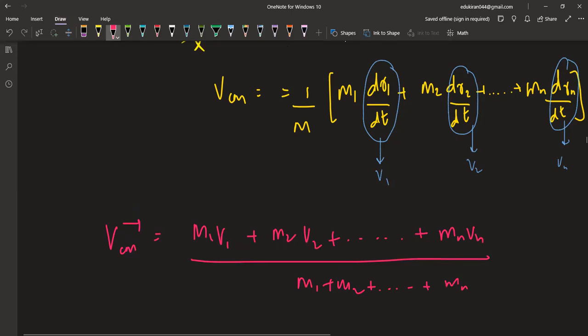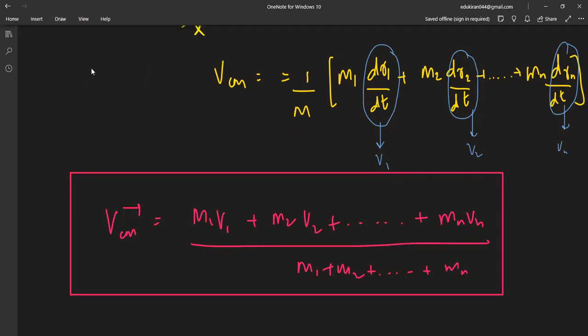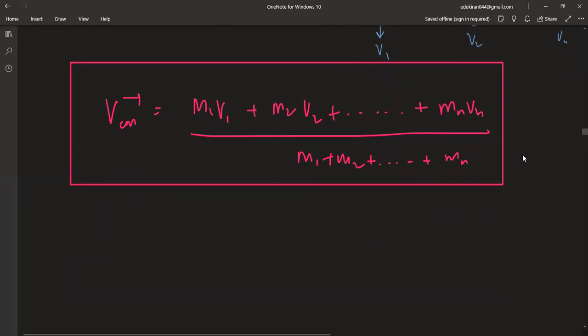Isn't this formula similar to the position vector one? It's just that we have velocity where we had position. Fine, this is how you have to write the velocity of center of mass.